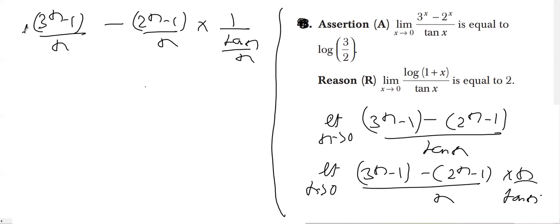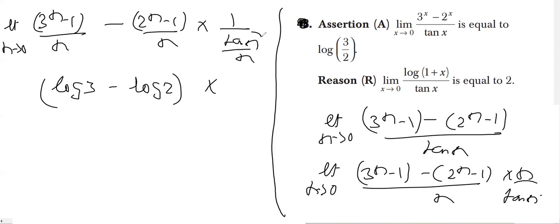I'm not writing limit, although in your examination, if it is not an objective question, you must show the limit also. So as of now, I am not showing it in every step. This is limit x tends to 0. So this is going to give you log 3. This would give you log 2, and that multiplied by, applying sandwich, tan x by x is 1.